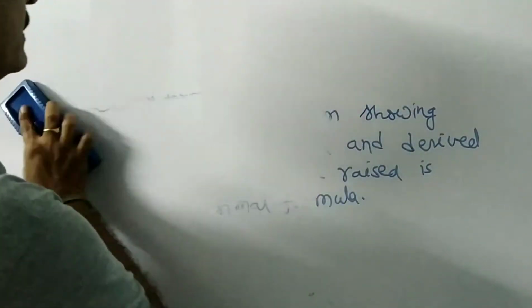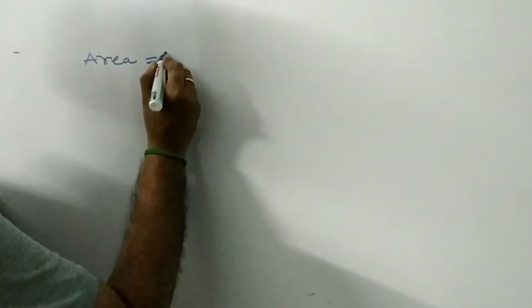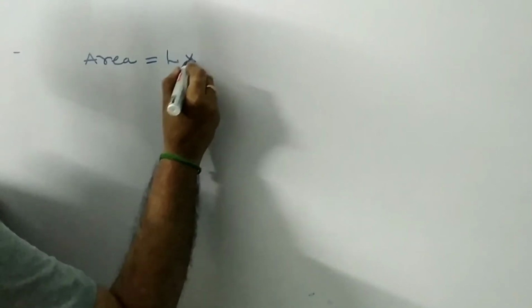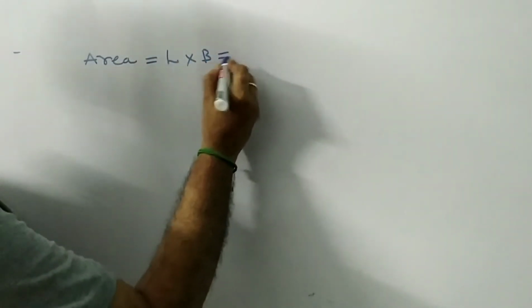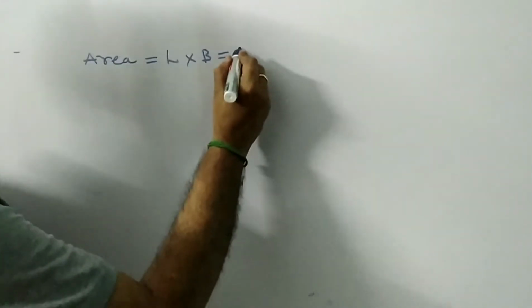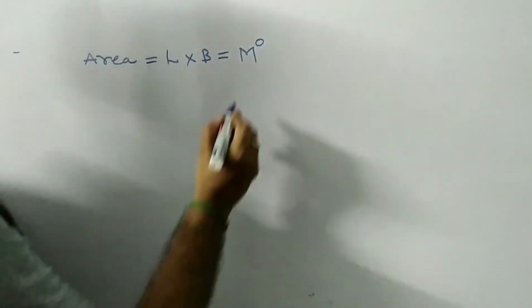So let us take an example for the dimensional formula, writing the area dimensional formula. For area, we know the general formula is length into breadth, L into B. Now we can write this in dimensional formulas: mass is 0, M to the power of 0.